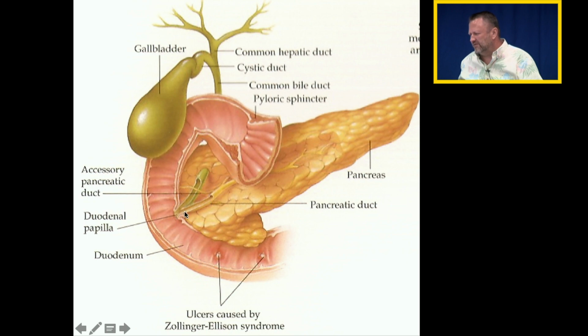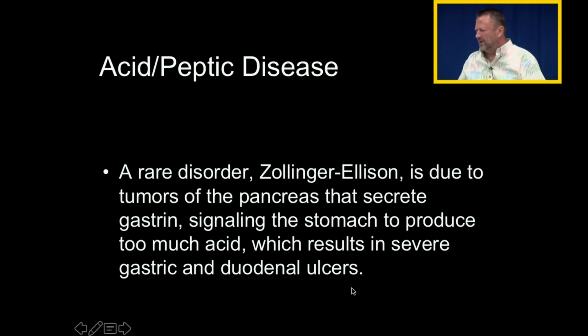So this is what's going on in the small bowel, and this is just supposed to give you a look at the duodenum. And so excess stomach acid coming down into the duodenum can cause ulcerations. And then here we see something, ulcerations caused by ZE. We'll talk about ZE. All right, ZE, Zollinger-Ellison, is due to tumors of the pancreas that secrete gastrin.